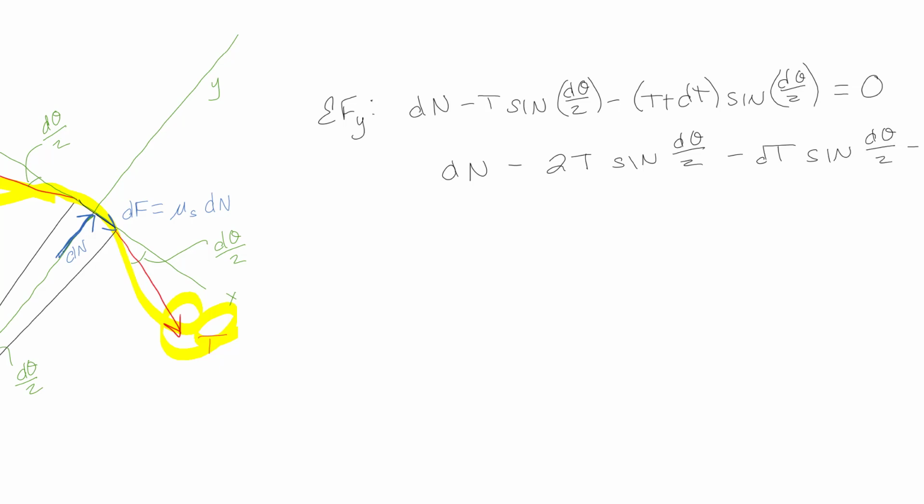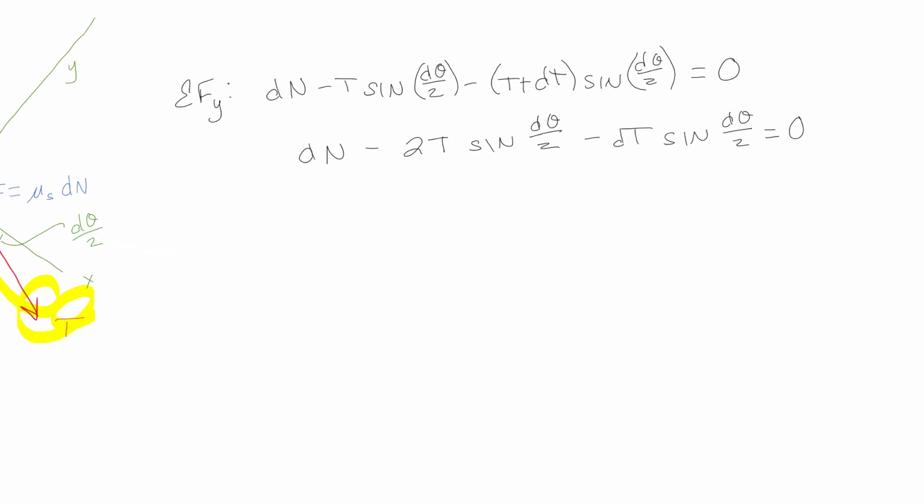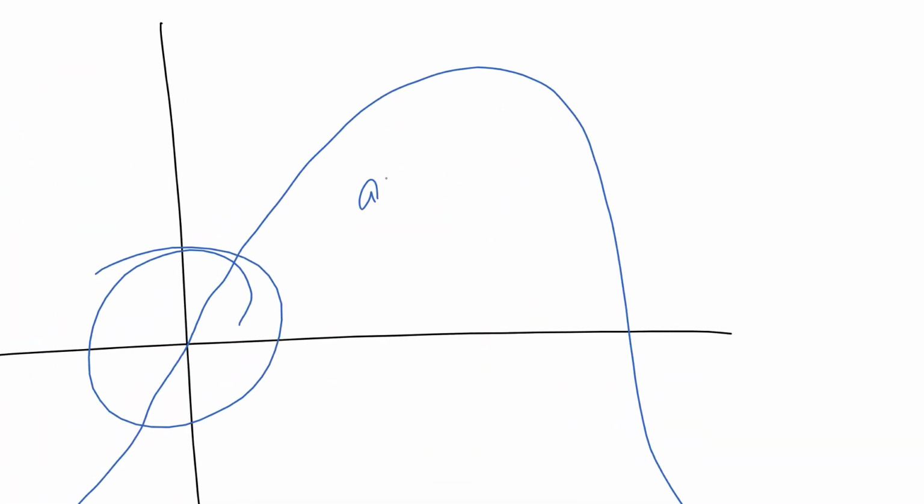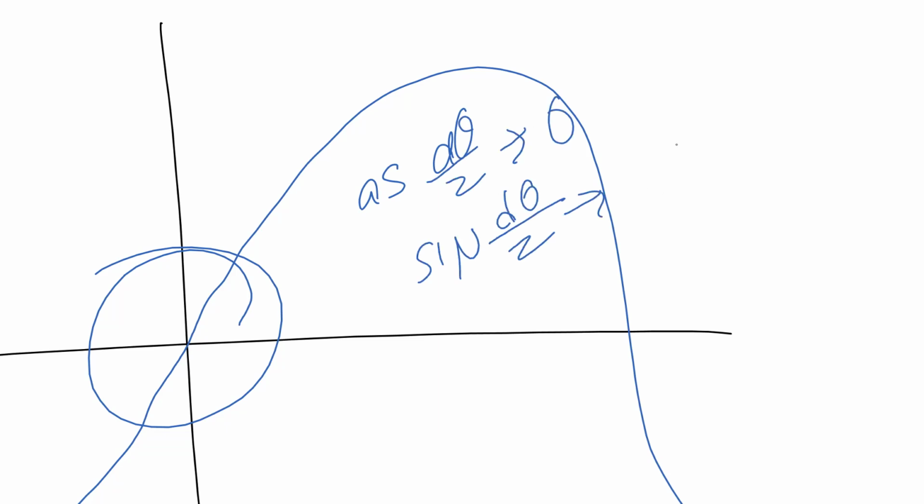All right, and now before you get too excited, a lot of people go, well, I know what the next thing is, because clearly if I look at sine, it looks like this. So if I get close enough, as d theta over 2 approaches 0, then sine of d theta over 2 approaches 0. But that's only when it's exactly there.